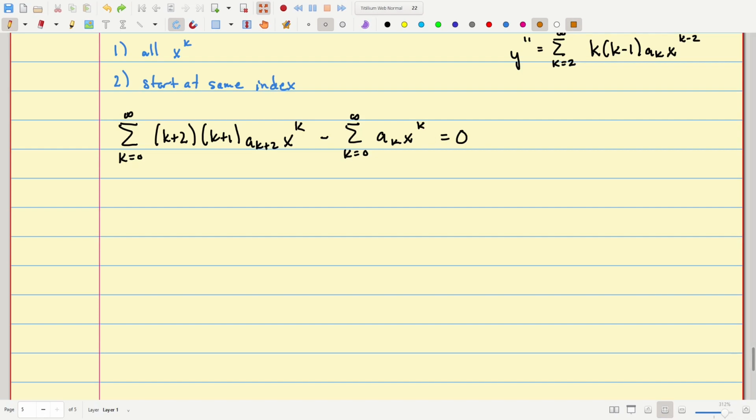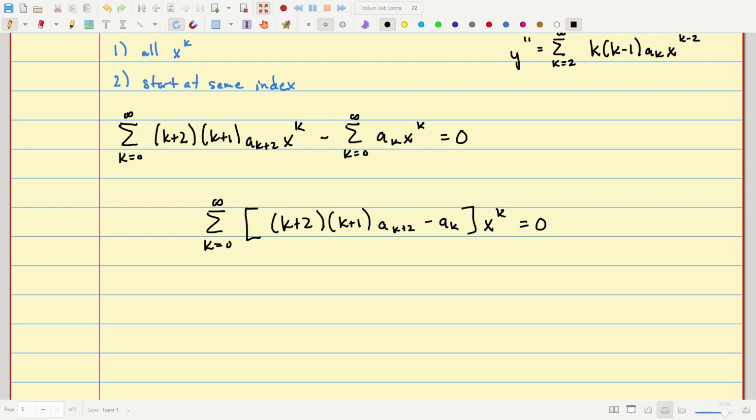Once they all start at the same thing, you rewrite the expression so that it looks like this. Make sense?